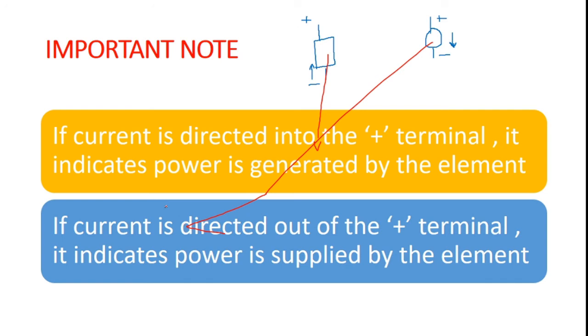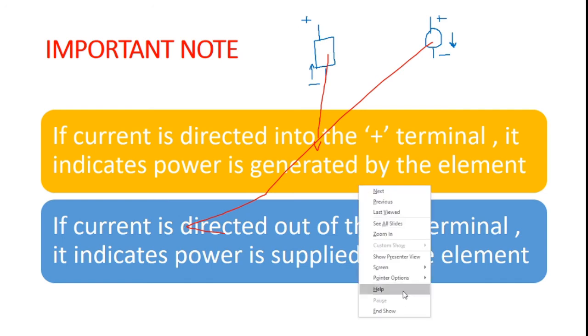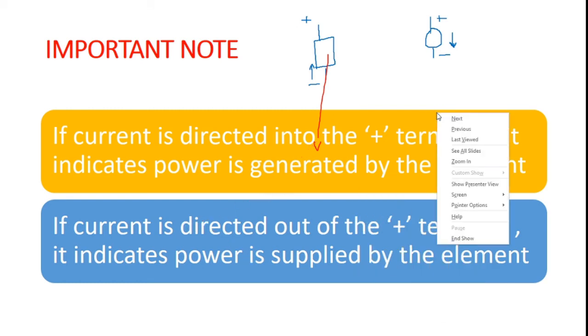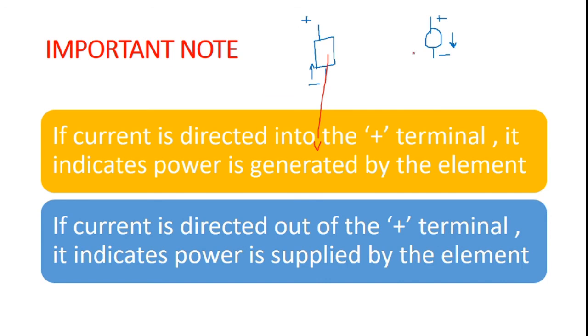This element absorbs all the power and only the balance power comes out of the particular element, right? So when it is coming out, it will absorb.